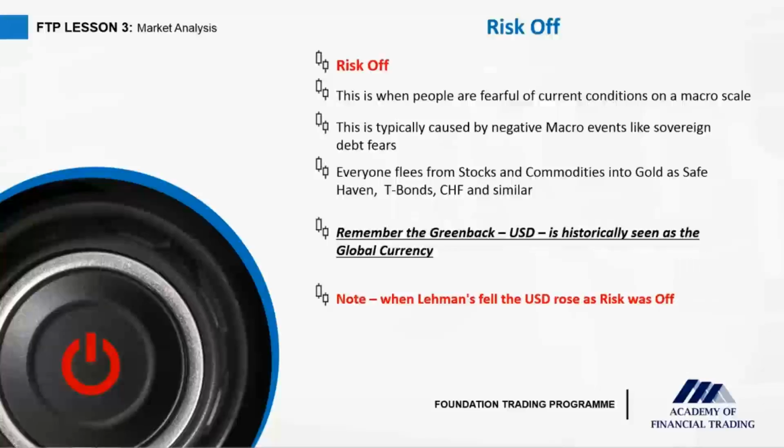For those of you that remember, when Lehman's Bank fell in 2008, people were surprised when the dollar started to increase in value. But if you think about it very calmly and rationally, if you own a massive amount of US shares, what do you get in return for them when you decide to offload or sell them? Of course, you get dollars.